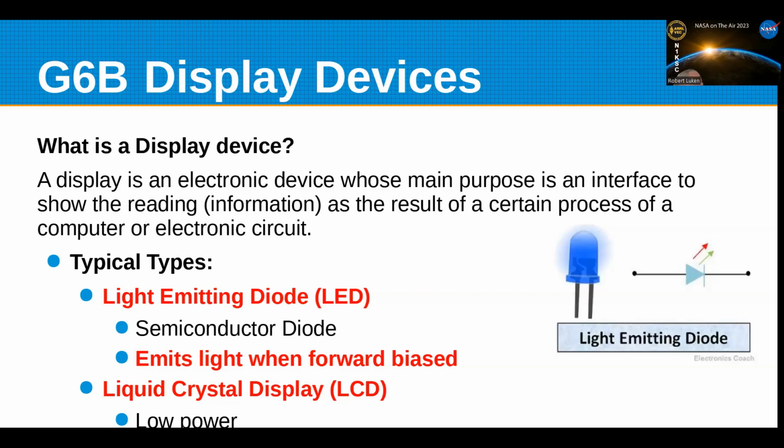Is it all in the visible spectrum? Is there some elsewhere? It's infrared. And then there's blue light laser diodes, which will cut metal.